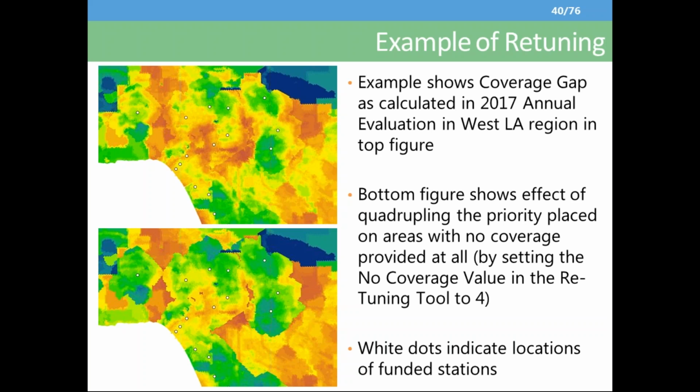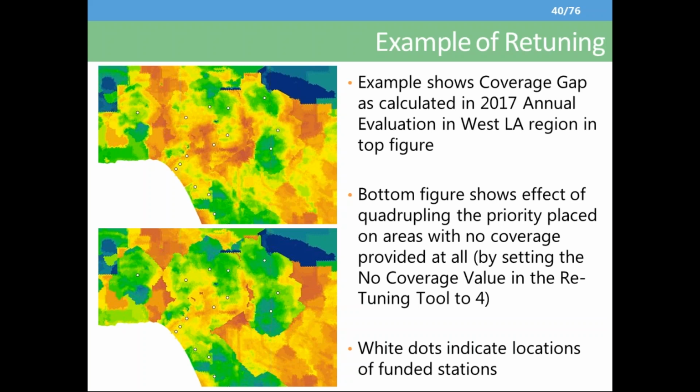So in this top figure, this is directly from the 2017 annual evaluation. This is the West LA region. Pacific Palisades is this elbow in the map. And the color shading is the coverage gap. Deep blue is very low coverage gap; you don't want very low desirability for a new station.